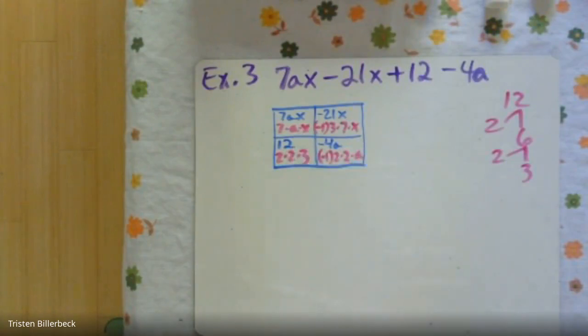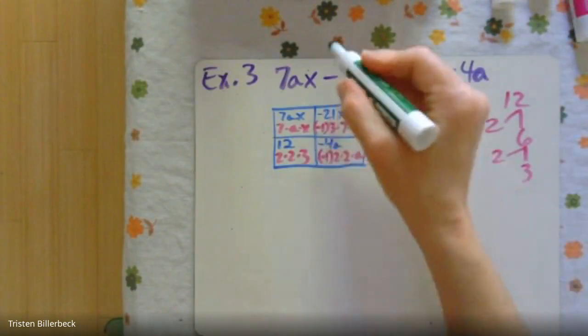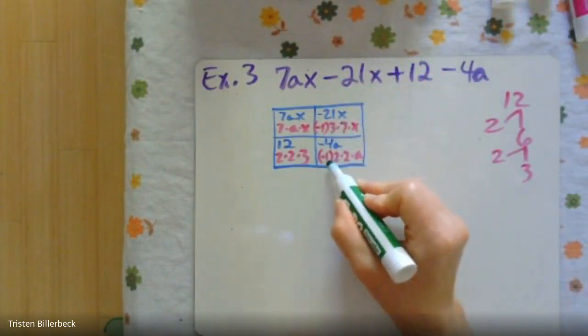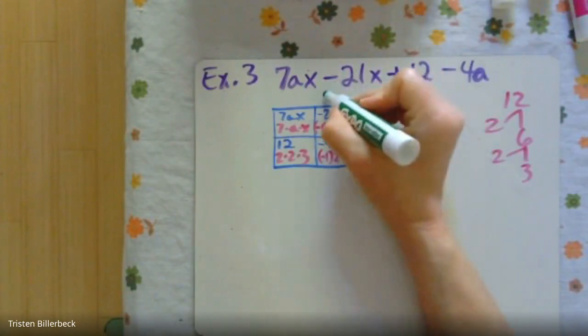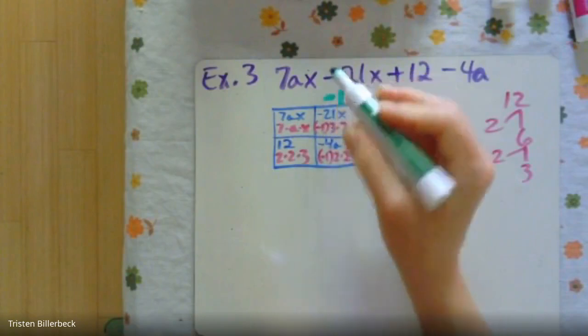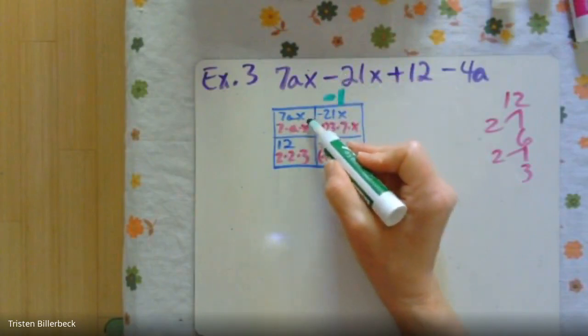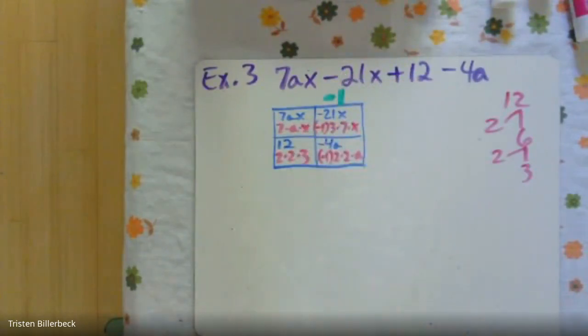So now we can look at, well, what do they have in common? So this one is a negative 1, and that's it, negative 1. Let's look at this column here, they don't have anything in common. That's not good.